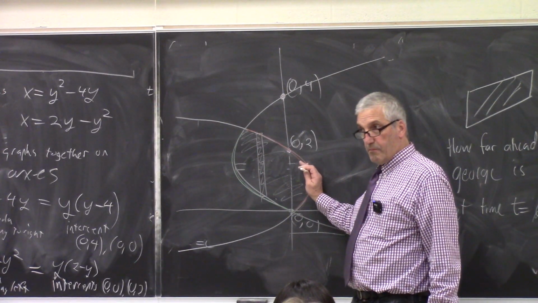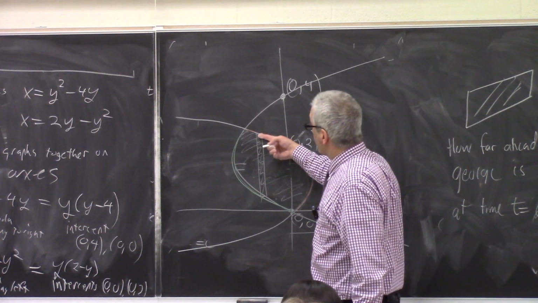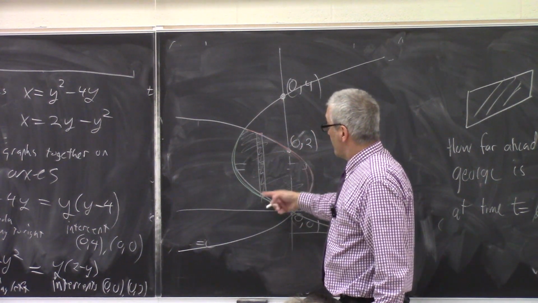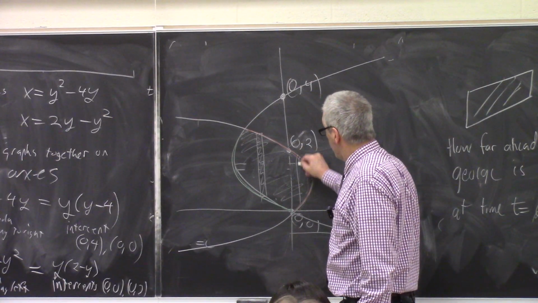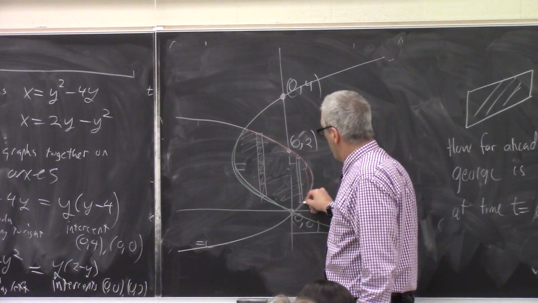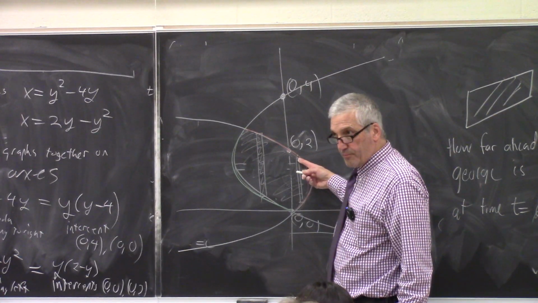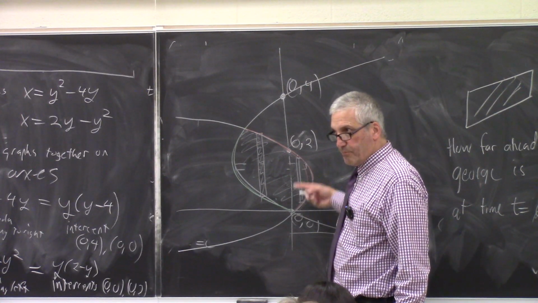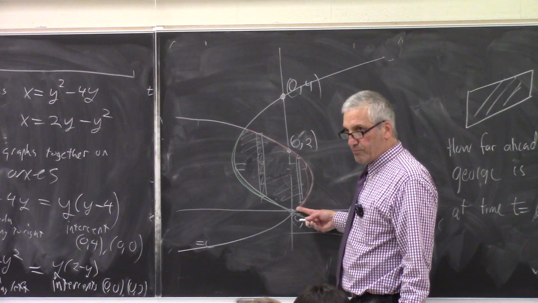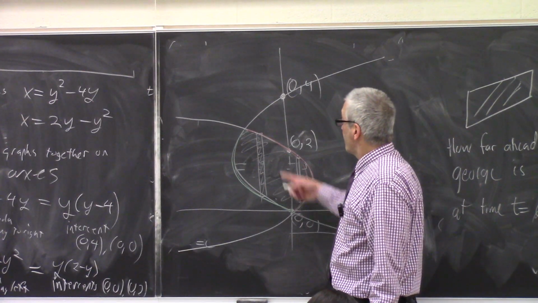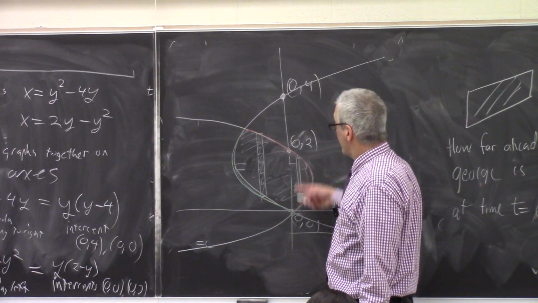Well, no, because the top of the rectangle's on the red graph, the bottom of the rectangle's on the green graph, but over here, this rectangle has its top sitting on the top branch of the red graph and its bottom sitting on the bottom branch of the red graph. So this is not a simple region if our rectangles are oriented this way.